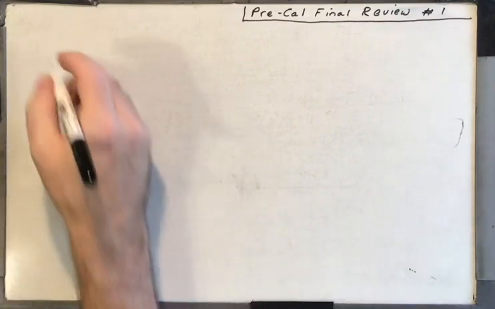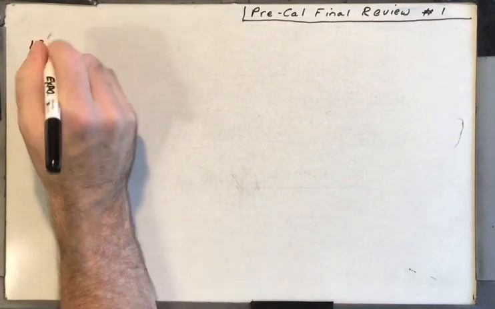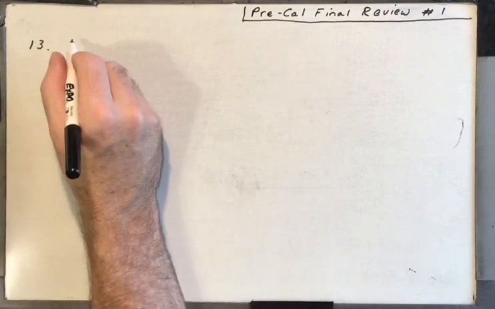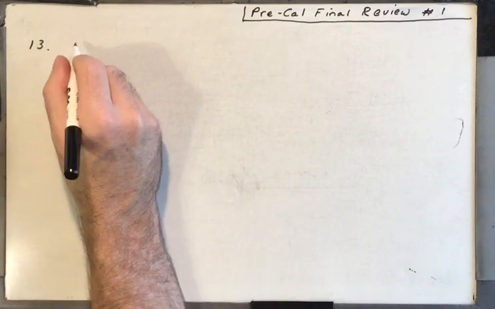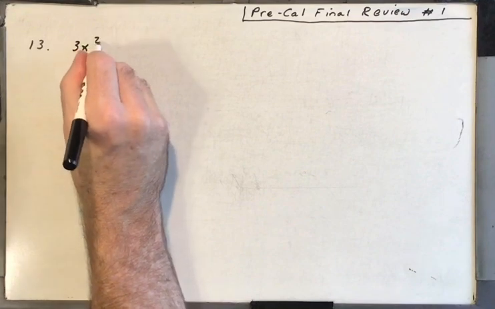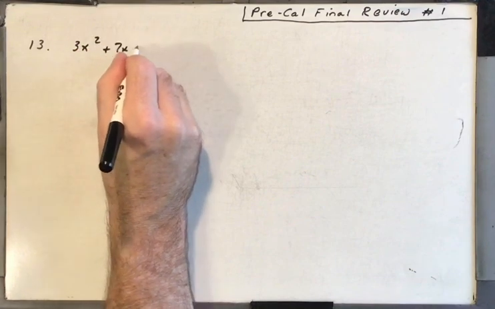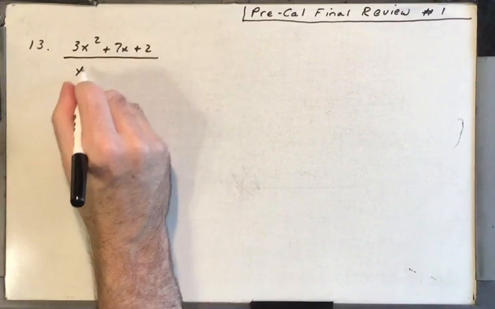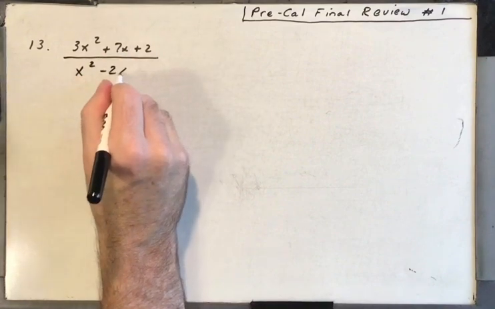Let's do number 13. So number 13, oh goodness, this will probably take up the whole whiteboard. Well, maybe not. We have 3x squared plus 7x plus 2 over x squared minus 2x minus 8.